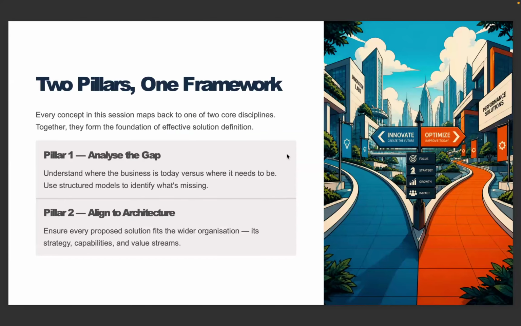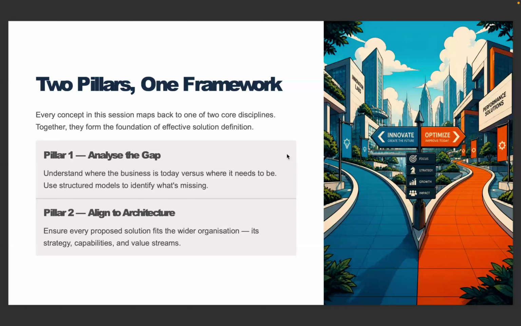Today's session is built around two main ideas, two pillars, which is analyzing the gap and aligning to the business architecture. So the first one we're going to be looking at is analyzing the gap. We know that whenever there is a business problem, there's usually a difference between where the business is today and also where it wants to be.